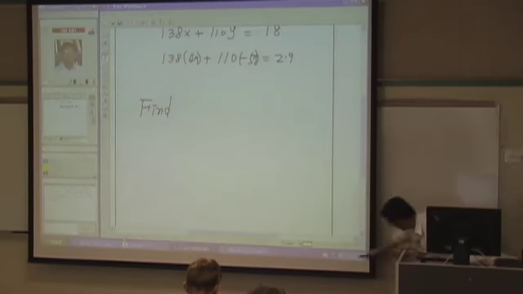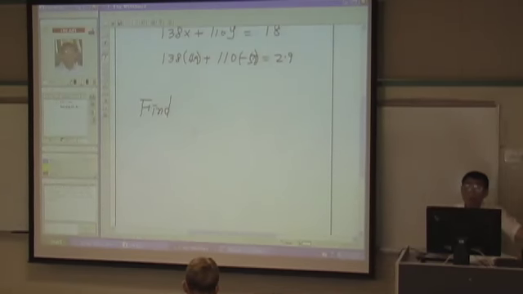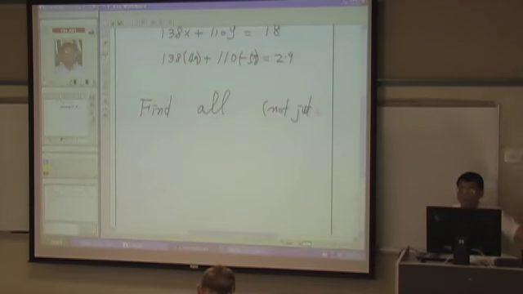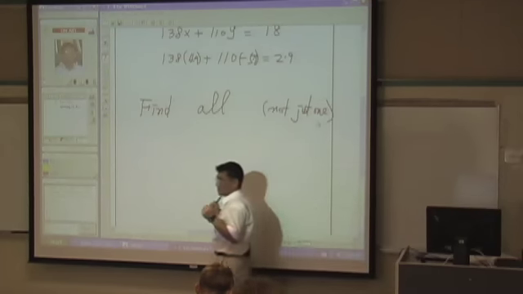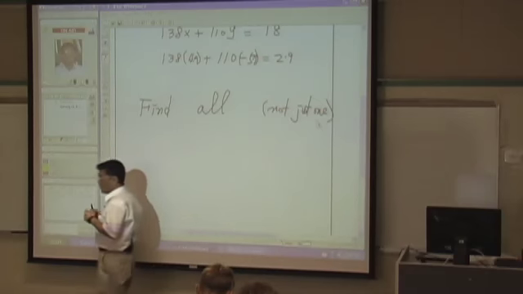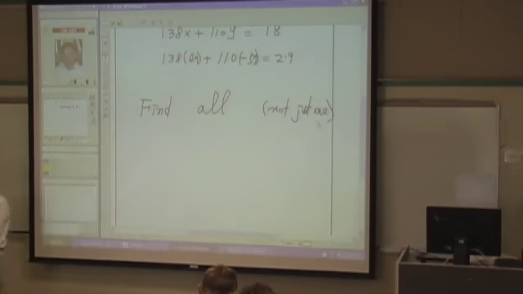Where is the clock? Here, right? Find all solutions. Find all, not just one. Do you understand the situation? Find all solutions, not just one solution. We know how to find one solution, but the question is not just one solution. Find all solutions.